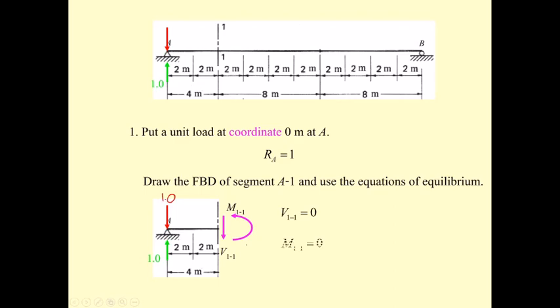Okay, and if you take the summation of the moment at this section, you will get what? This M1-1 is going to pass 1 times 4, and it's going to be equal to 1 times 4. So the shear and the moment are all 0.